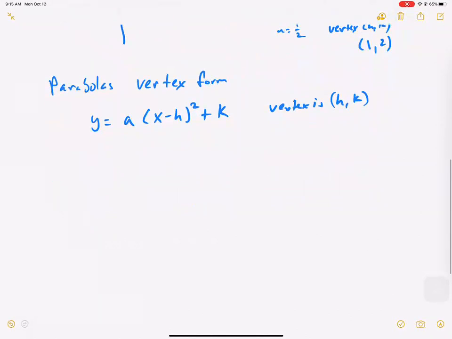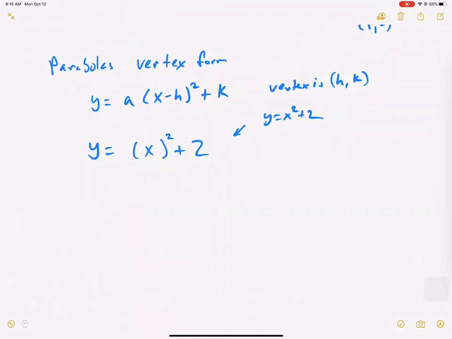Okay, so here is our first example. y is equal to 1, let's call this a 1, not going to write it, x squared plus 2. This can probably be written as y is equal to x squared plus 2. If I drew the parentheses there, I want you guys to key on that. In a regular parabola, oftentimes you see this x squared plus 3x plus 2.